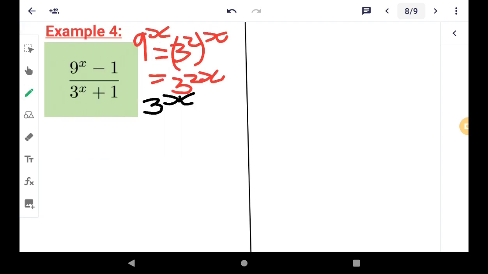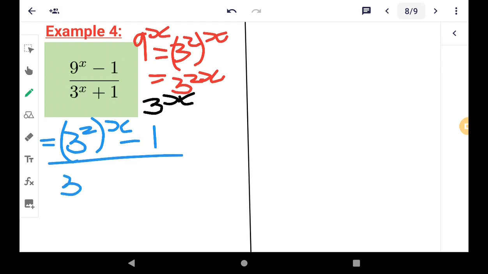So immediately you write your 9 as 3 to the power of 2 so that you can see that square there. You will see exactly what we get at the end of the day.